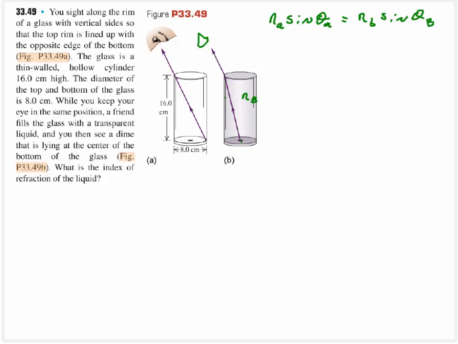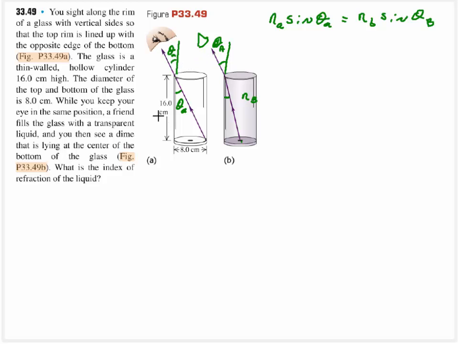Well, to do that, we need to know what this angle is, and we need to know what this angle is right there. So to do that, we use the information from the first part to say, hey, look, right here we have some angle, and that's going to be the same as that angle right there. And since I don't move, I can calculate out what the angle is.